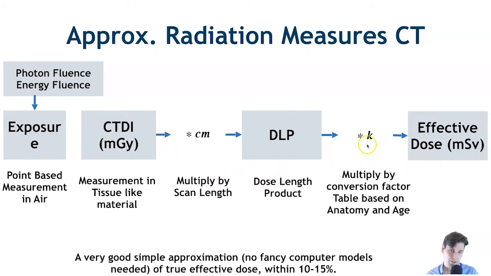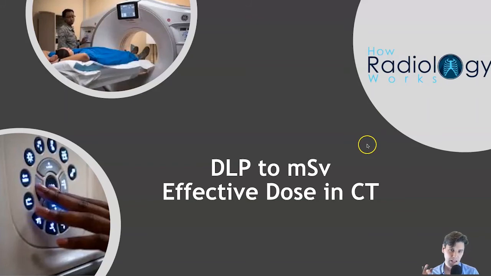So this is actually surprisingly effective and matches those more sophisticated methods to within 10 to 15%, which is really good and is really useful for tracking these things in the clinic. So again, what we wanted to talk about today was the conversion from DLP to millisieverts, from dose length product in CT to effective dose. And now we're going to go to a little calculator that we have that helps us do that conversion.